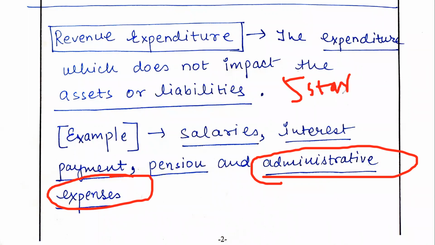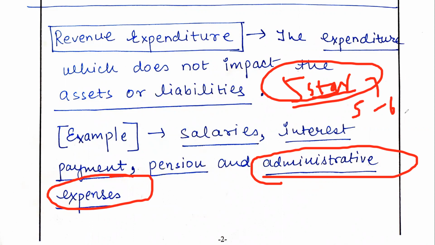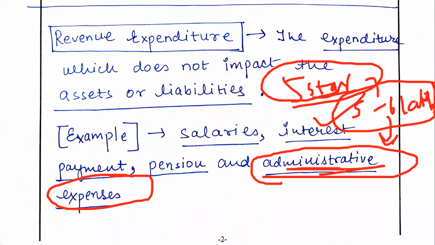The senior officers used to order from the 5-star hotel, and they used to have, you know, a 5 lakh, 6 lakh bill for each night. And this expense used to go into the administrative expenses part.